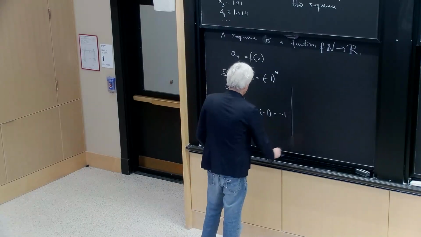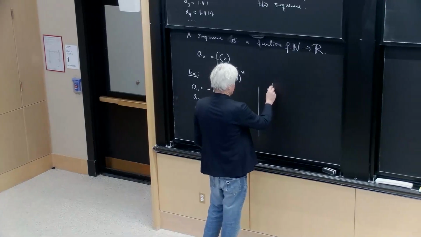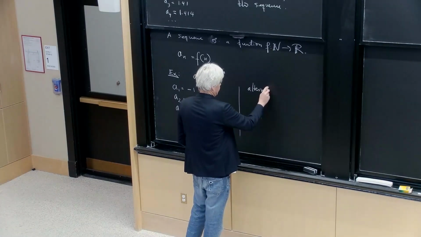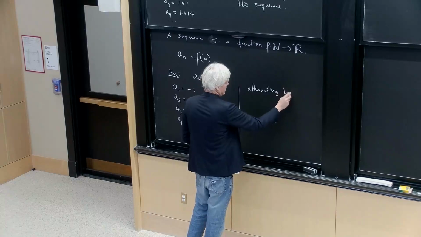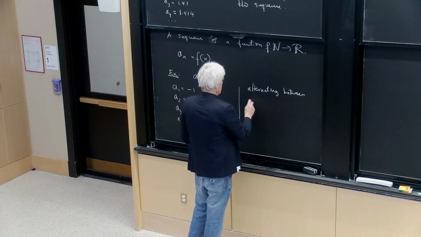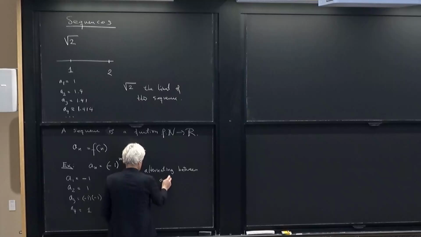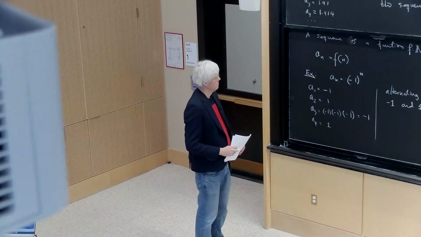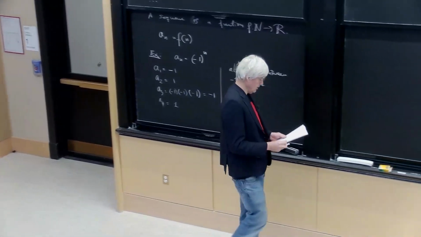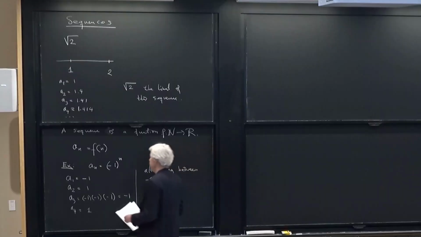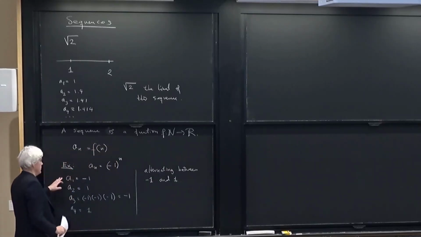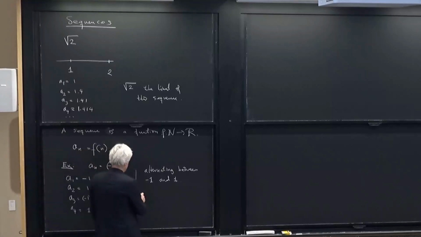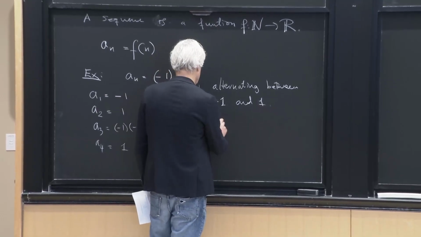So this sequence is alternating between the values -1 and 1. It starts off at -1, then goes to 1, then -1, 1, -1, etc. It doesn't really converge. It doesn't really have a limit. We'll make this precise in just a minute. So this sequence does not have a limit.